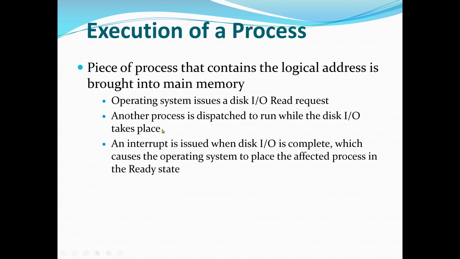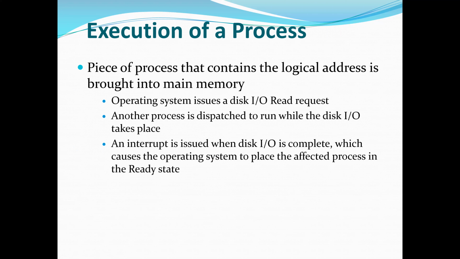Now, for the execution of this process to proceed later, the operating system will need to bring into main memory the piece of the process that contains the logical address that caused the access fault. For this purpose, the operating system issues a disk I/O read request.